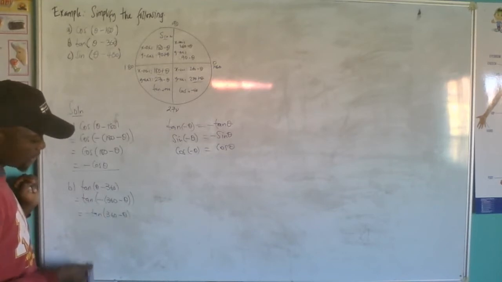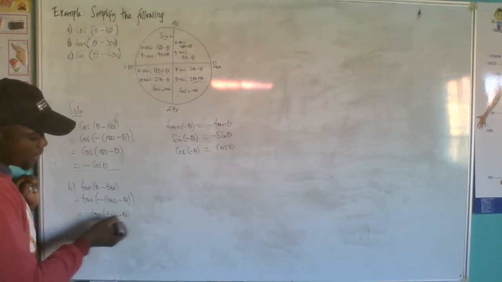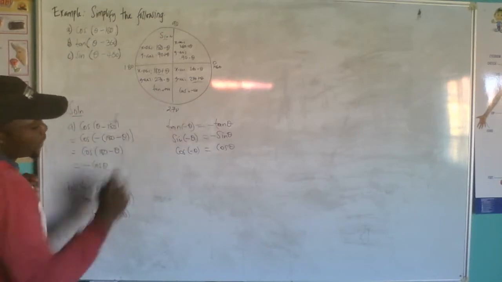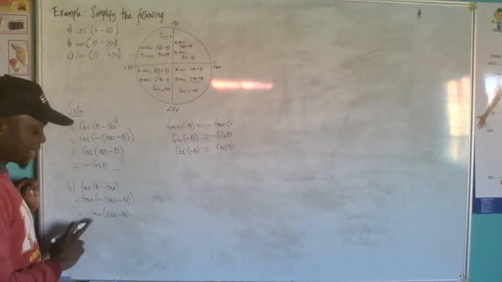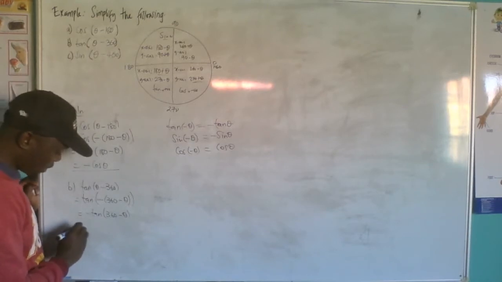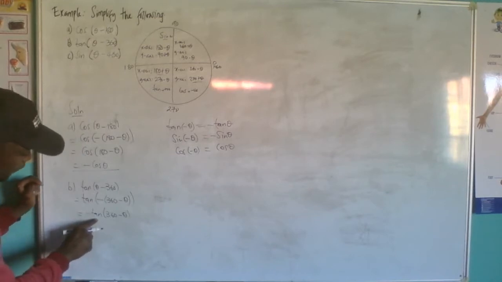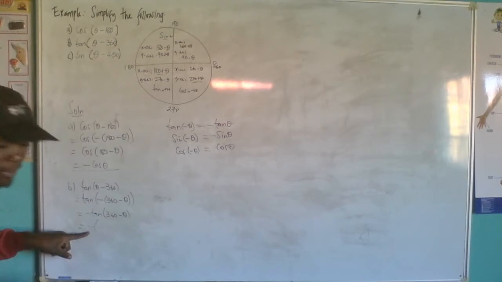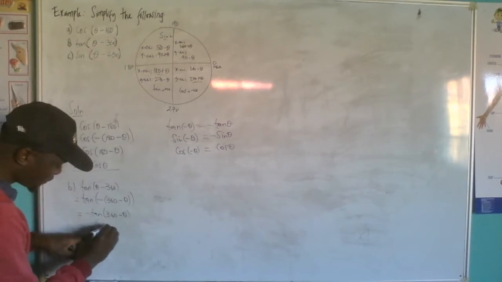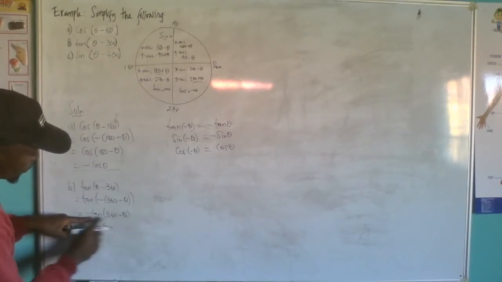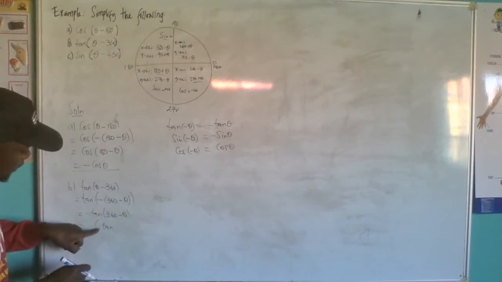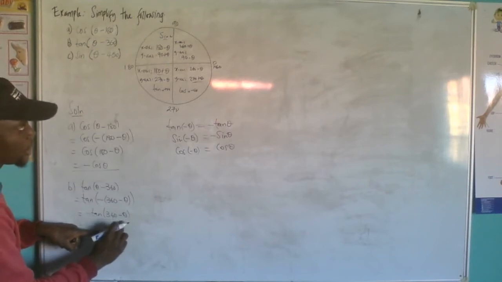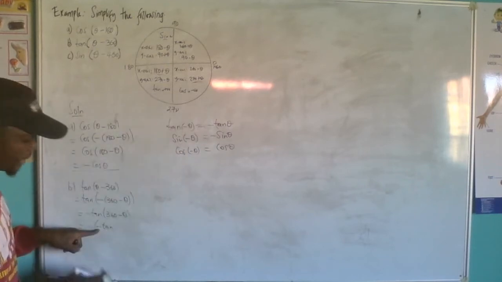Next thing to ask myself, where does this angle lie? It lies in the fourth quadrant. And in the fourth quadrant, only cos is positive, but tan is negative. Now look at this. Tan is negative, but there is this other negative. So I'll write that other negative, open brackets, then I'll say this is negative tan. This negative is got from the angle located in the fourth quadrant, where tan is negative.